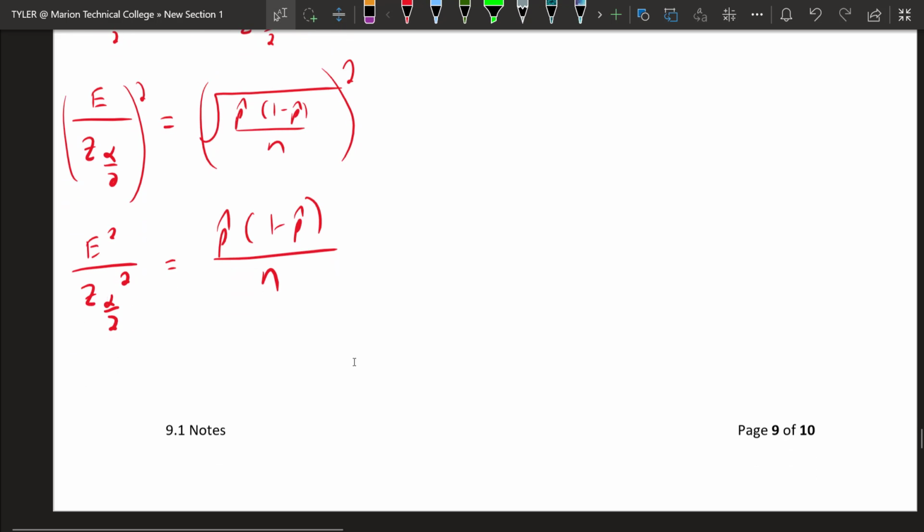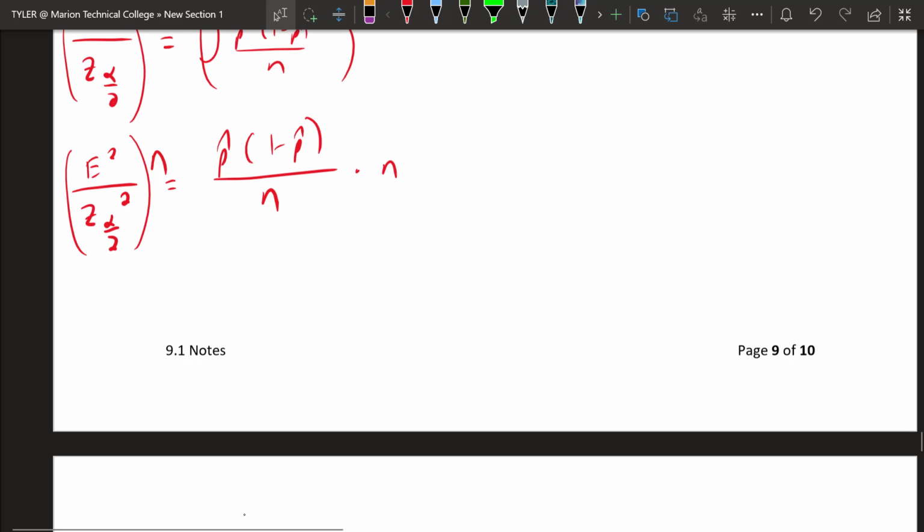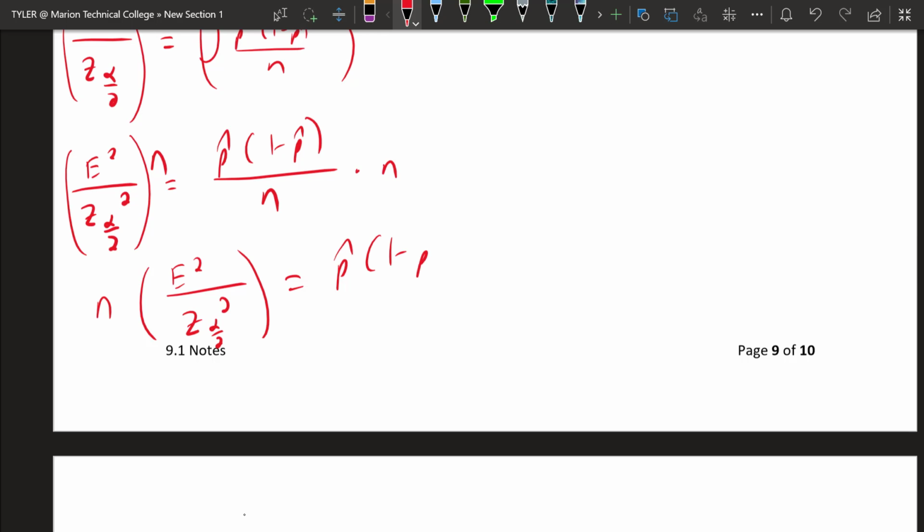Now to get n by itself, I could multiply both sides by n. So what I'm left with is n times E squared divided by Z sub alpha divided by 2 squared, equal to p hat times 1 minus p hat.